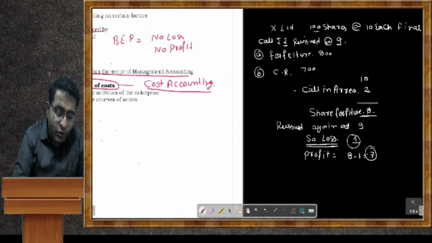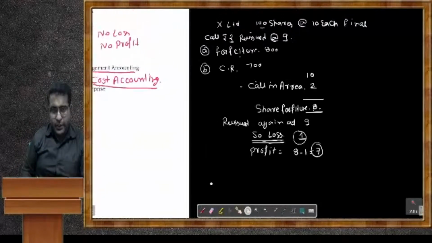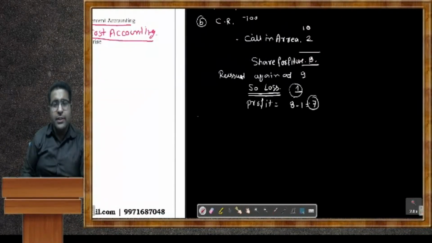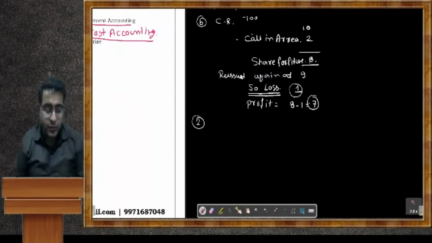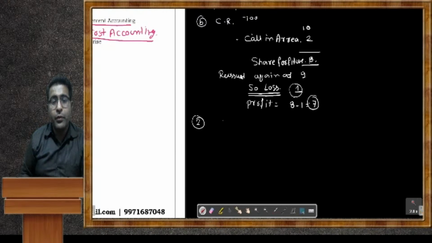Okay, next question. Z Limited, that is the one. Now the second question is: Z Limited forfeited 150 shares which were issued at a premium of 2.